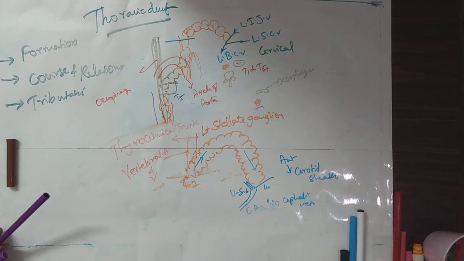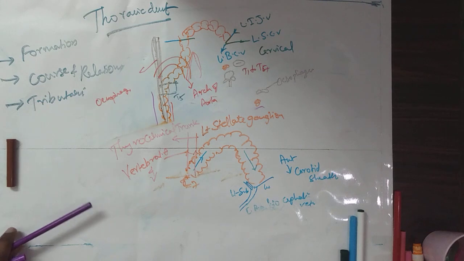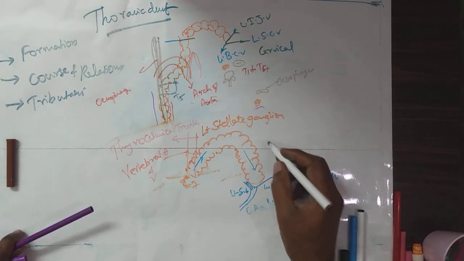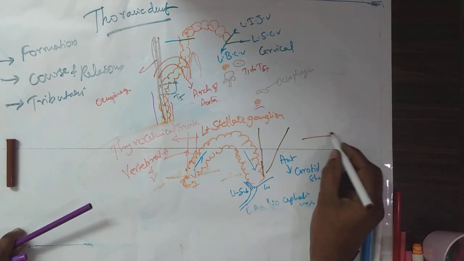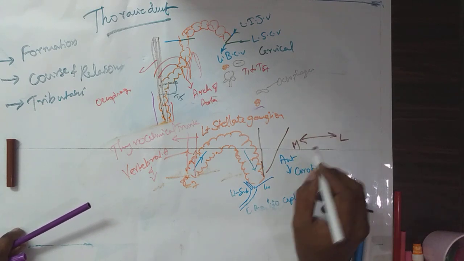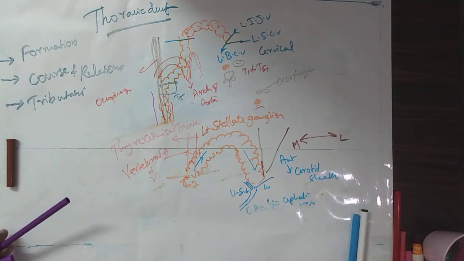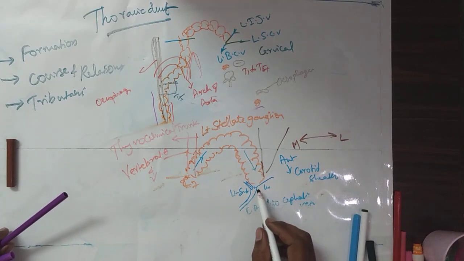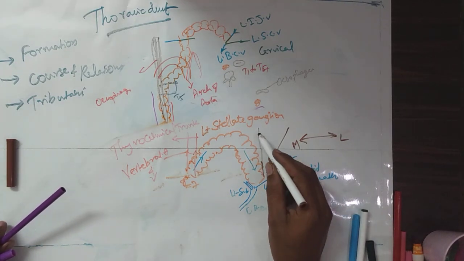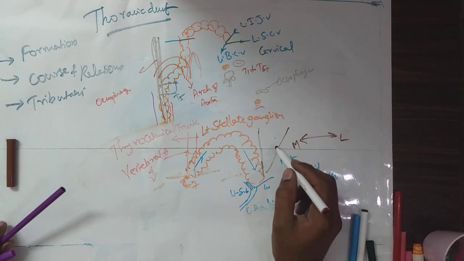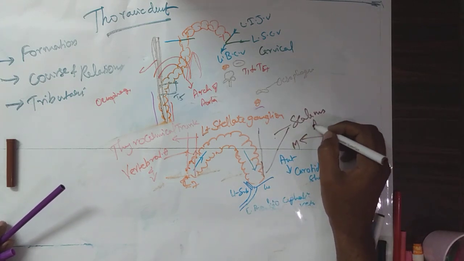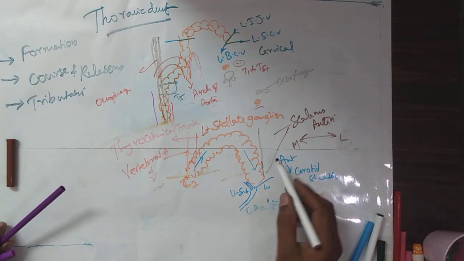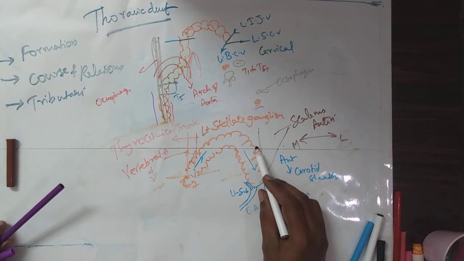What about the descending limb? Here you remember a muscle, that is your scalenus anterior. If this is the lateral side, this will be the medial side. Related with the descending limb of the thoracic duct, if this is the scalenus anterior, it's having 2 borders. This is the lateral border, this is the medial border.